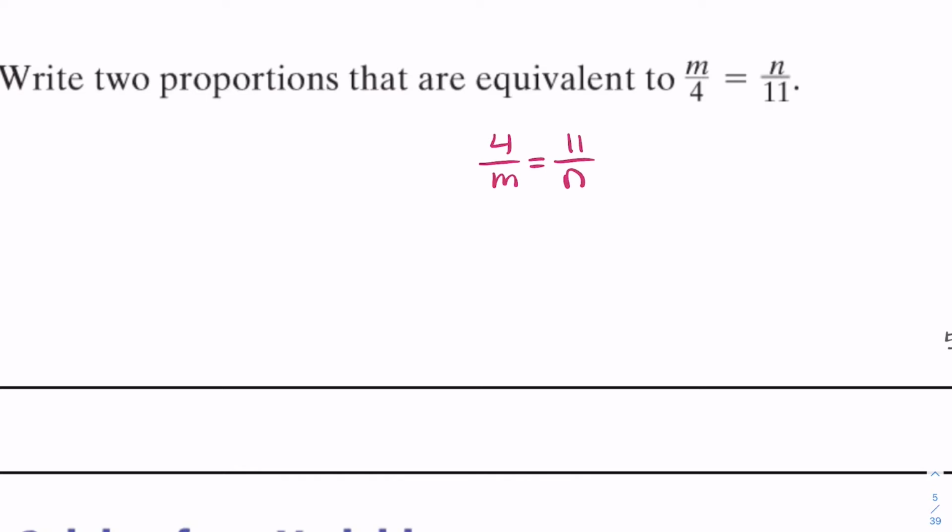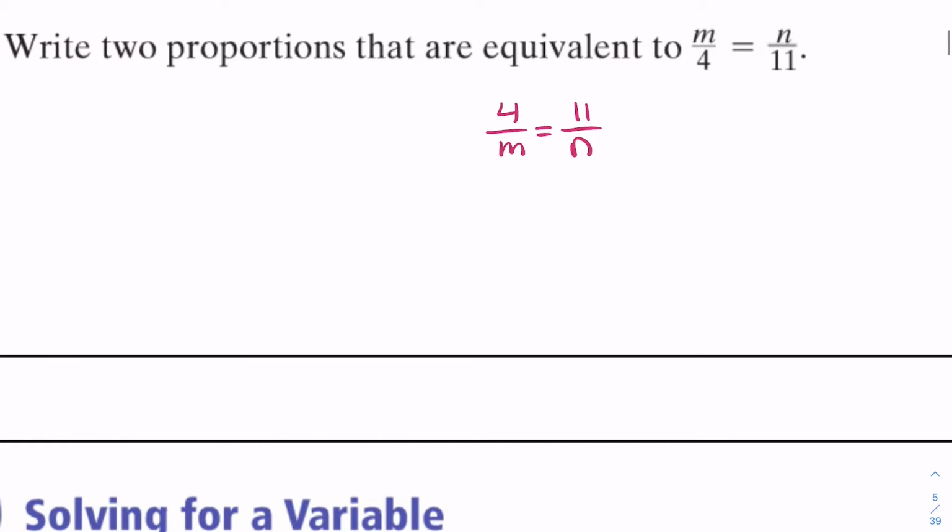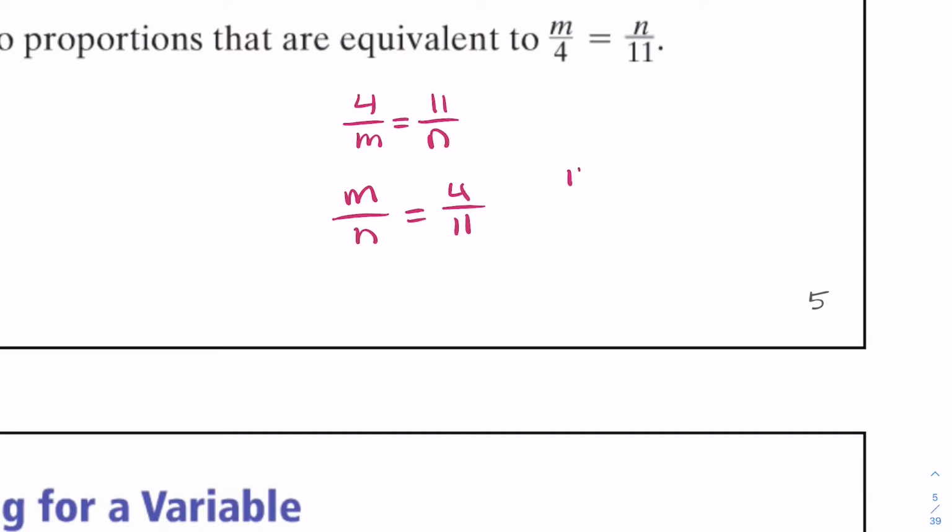That's one of them. We can flip n and 4, so we could say m over n equals 4 over 11. We can flip m and 11 if we want, so we'll get 11 over 4 equals n over m.